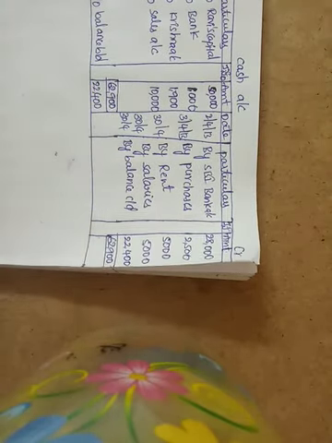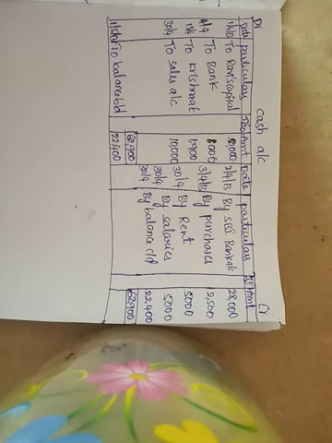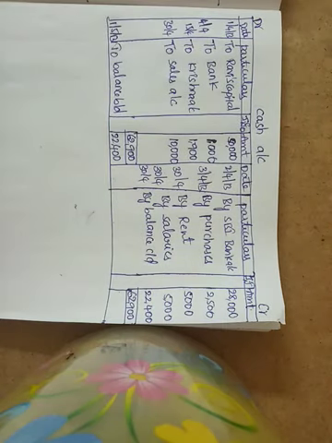So this is the cash account. For practice, you have to prepare all the remaining accounts, that is rent account, salaries account, discount allowed account, Sham account, Krishna account, sales account, bank account. Okay, this is our class today.